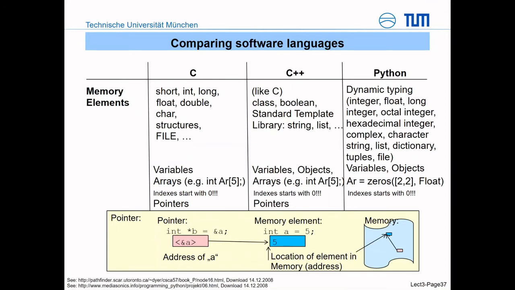A sample here is if you have arrays, then you define, for example, an int array with 5 elements. This is exactly the style for the stack memory. If you have it available in this style, it is created at the start time of the program. The same is for C++, and very similar for Python. The only thing is that you create a variable with these zeros, similar to what you maybe know from MATLAB.